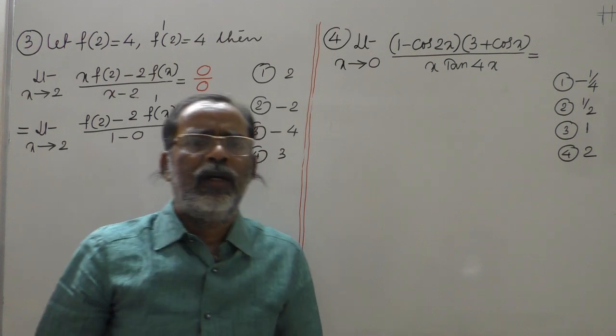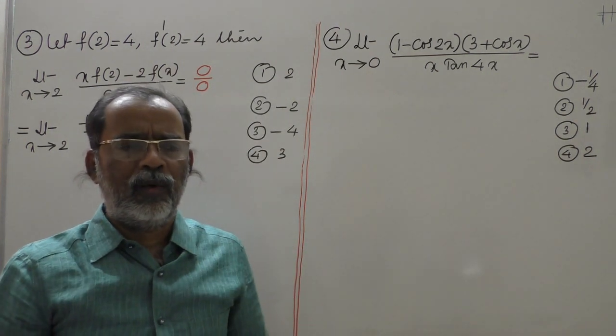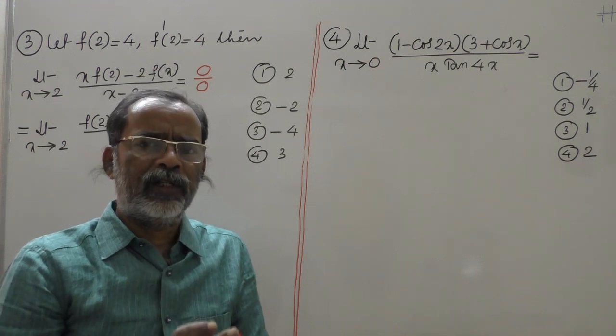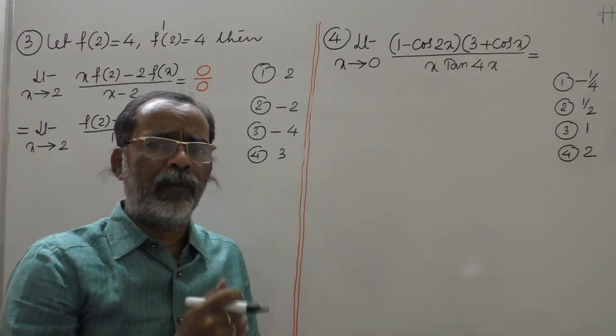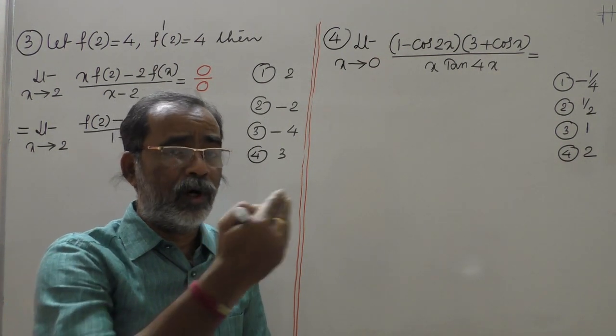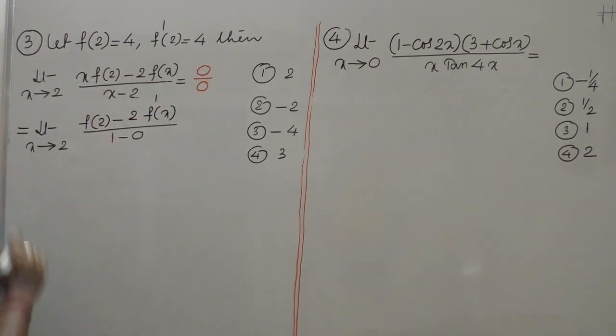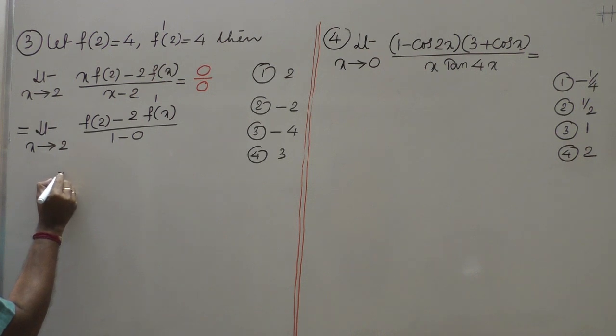Once again, what is L'Hospital rule? Using L'Hospital rule means you should differentiate numerator and denominator separately, not u by v. Please remember. Now I have applied the rule, I will substitute the limit and see.